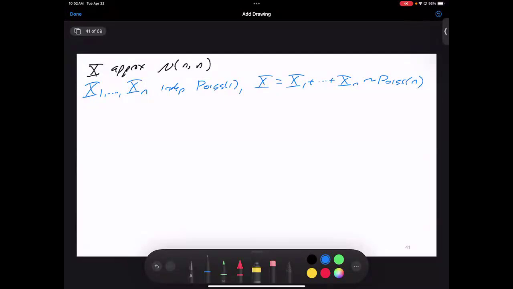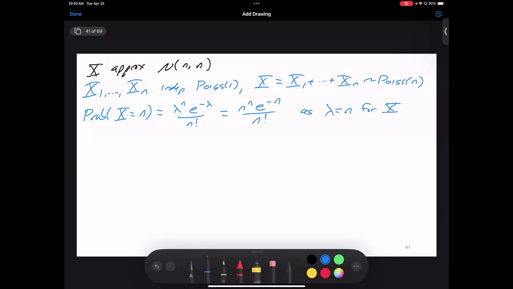What does this mean? It means the probability that big X equals n is the parameter lambda to the n e to the minus lambda over n factorial, which is n to the n e to the minus n over n factorial. Oops, that lambda is an n, as lambda equals n for x.